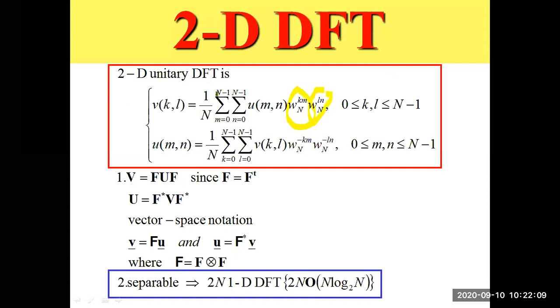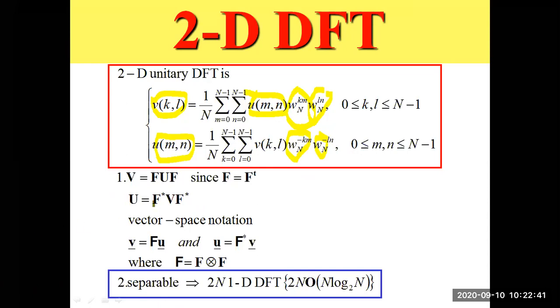U of m comma n is your input sequence, which is of course a two-dimensional image, and you get the two-dimensional discrete Fourier transform. This is forward. In reverse, if you want to get the two-dimensional image from the discrete Fourier transform, it is the same formula, but the coefficient values are conjugated, with negative power.